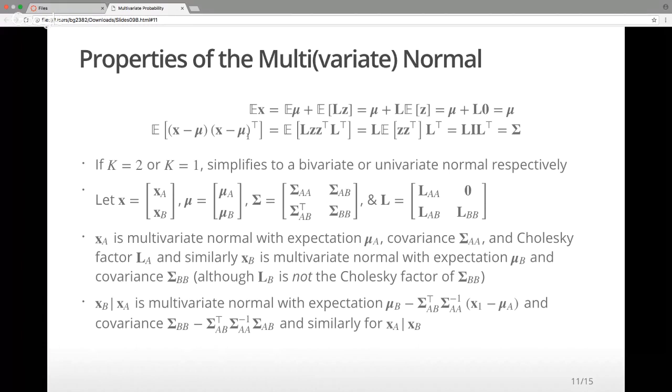So the marginal distributions of a joint multivariate normal distribution are themselves multivariate normal, just smaller. And also the conditional distribution of one part of X given the other part of X is also going to be a conditional multivariate normal distribution. And we know how to write down the expressions for the conditional expectation and the conditional variance covariance matrix.